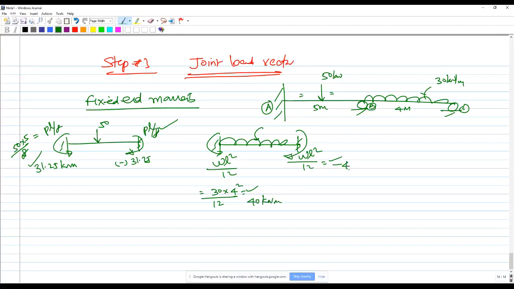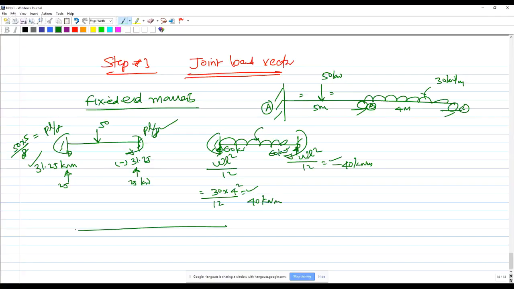And this is minus 40 kilonewton meter because this is clockwise. Now let us find ABC as a summary. Let's also find the reactions. This is going to be 25 and 25 kilonewtons because 50 by 2. And this is 30 into 4, 120, so 60 kilonewton and 60 kilonewtons.